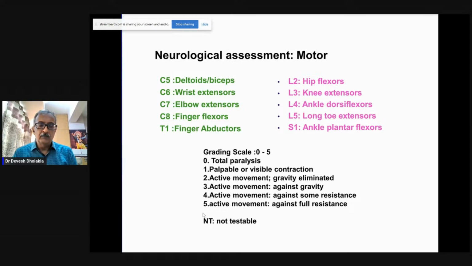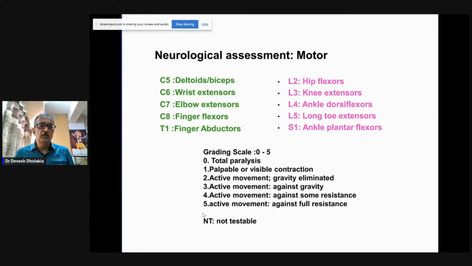Myotomes are groups of nerves which supply a muscle group, with a major component like C5. When you are looking for C5, the deltoid or biceps function is assessed. Elbow extension is C7 root involvement, hip flexors are L2, knee extensors are L3, 4, 5, and ankle plantar flexion is S1.